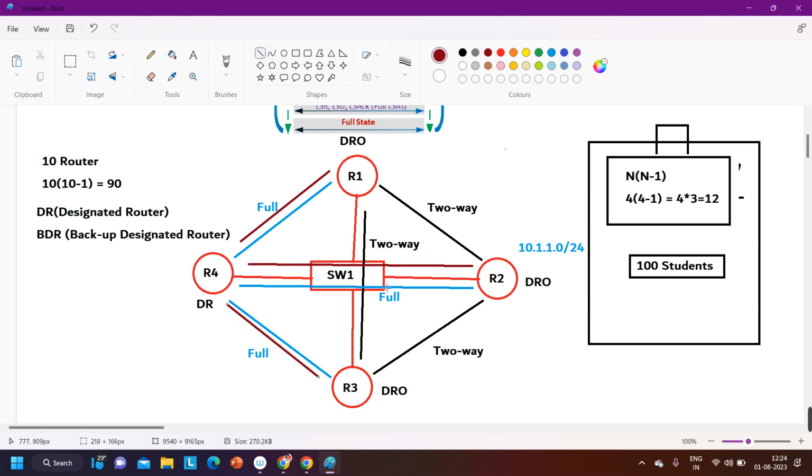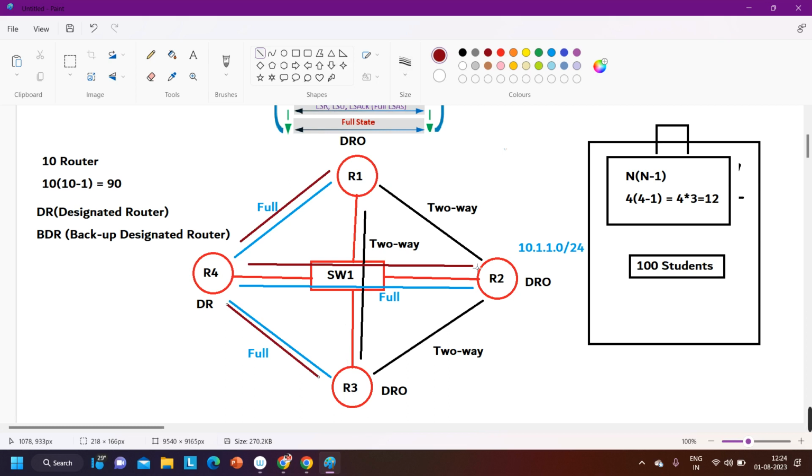Now you can see everything is going in a very symmetric form. Router 1 cannot share its database directly to router 2 or router 3. How will router 3 get the database of router 1? Through the DR router. Router 1 will share to the DR router and the DR router will share to router 3. Done.